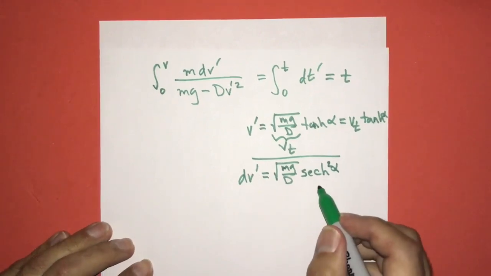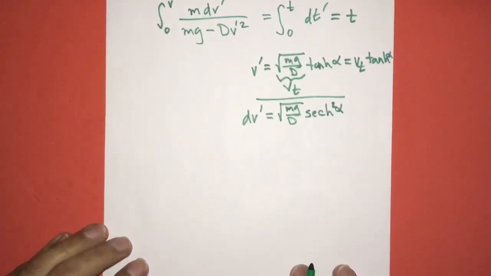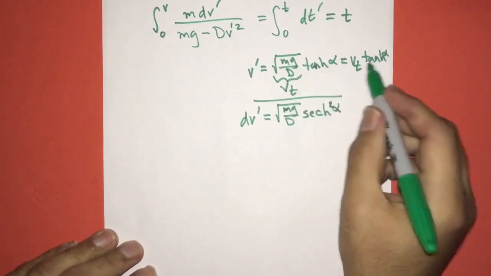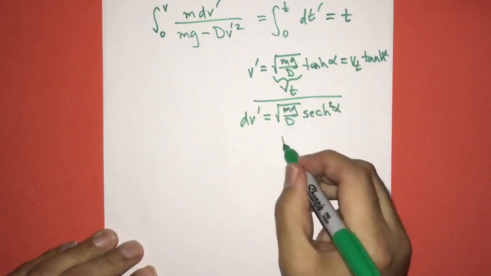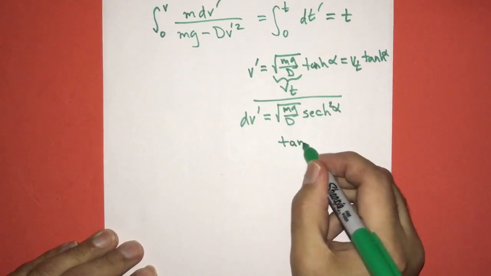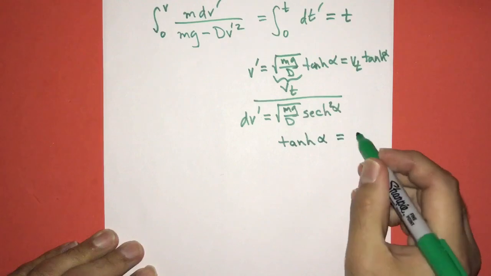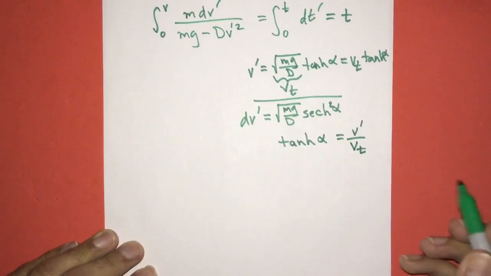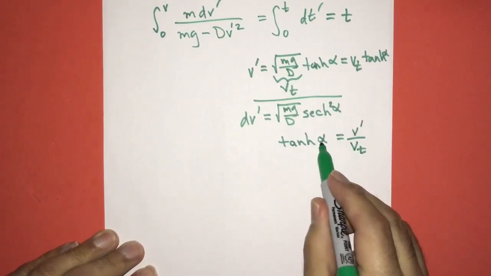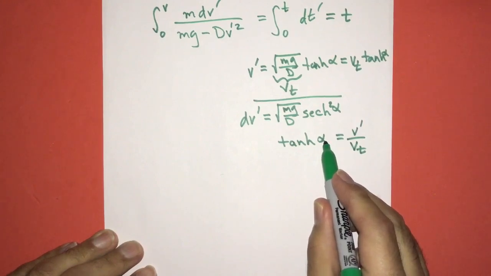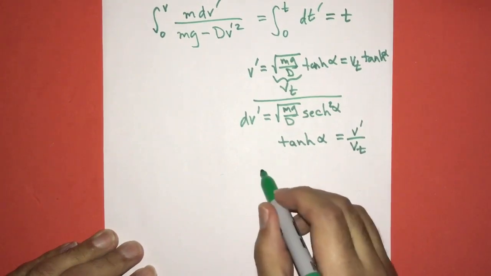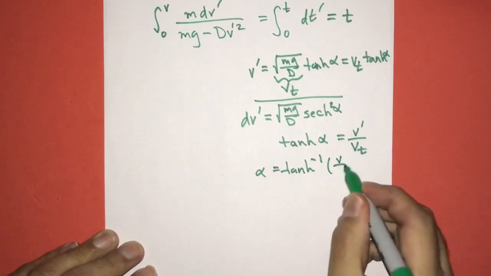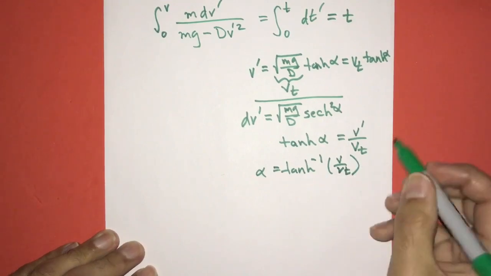Let's also take a look at what our limits of integration are going to be with this substitution. Let's see how our variables are related. The hyperbolic tangent of alpha is equal to v prime over the terminal velocity. Now, if we want to see what alpha is, we have to take the inverse hyperbolic tangent of both sides. So alpha equals inverse hyperbolic tangent of v over our terminal velocity.